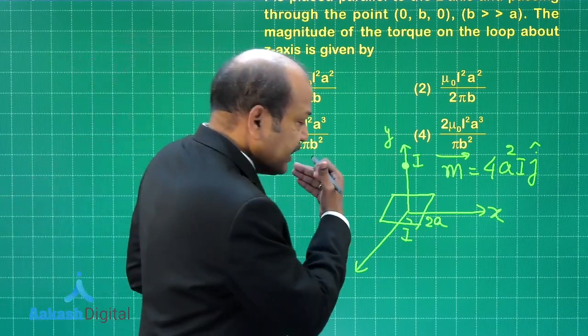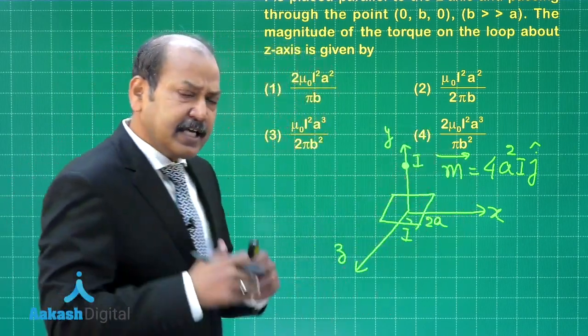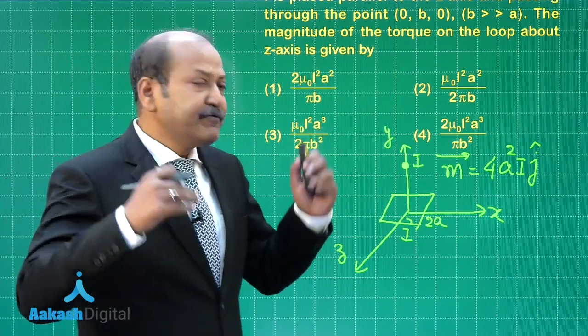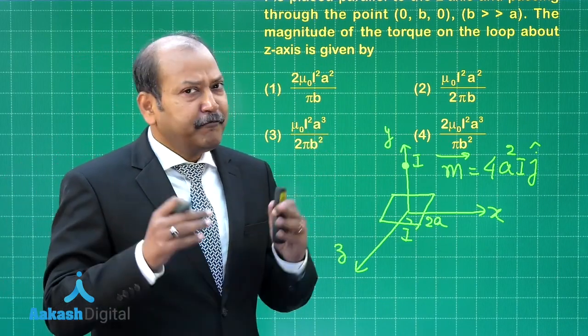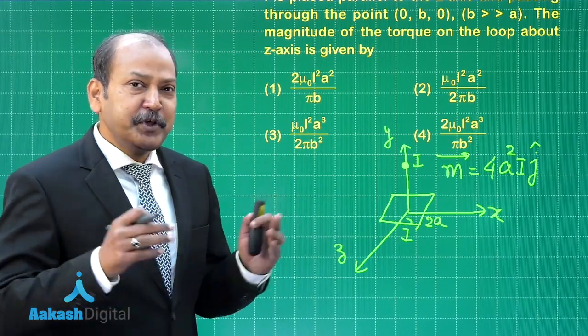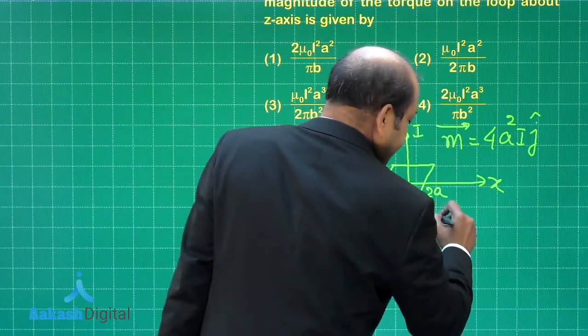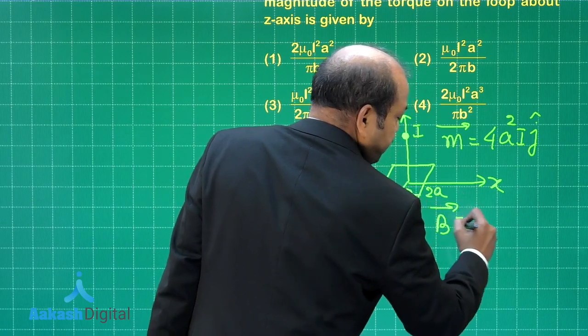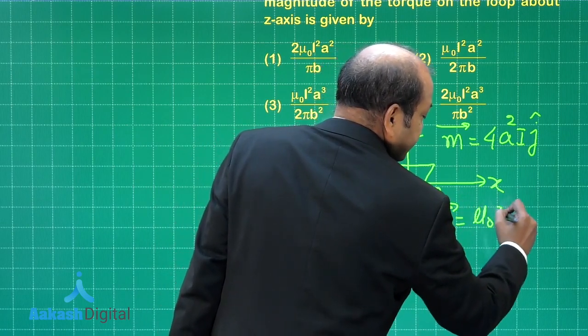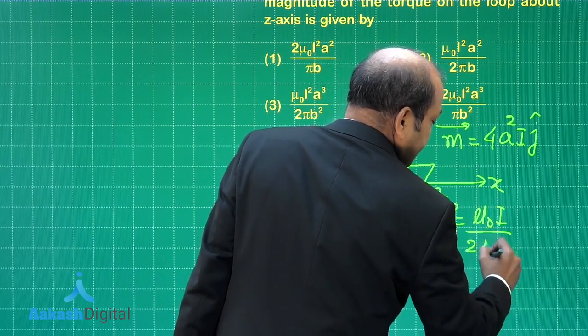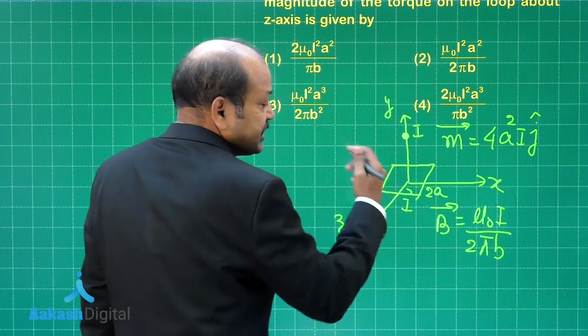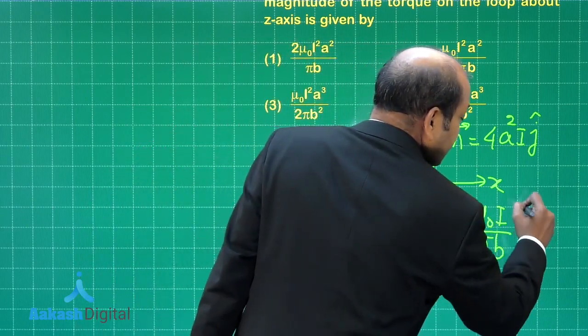That direction will be along the x axis at the origin. Now, since b is very large compared to a, we can consider the magnetic field to be uniform. So, the expression for the magnetic field can be taken as B is equal to mu naught I divided by 2 pi b, and the direction is in this particular case along the i cap direction.